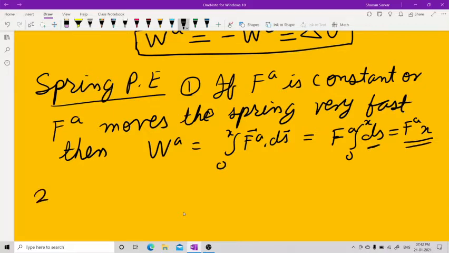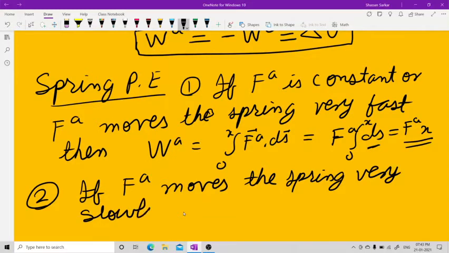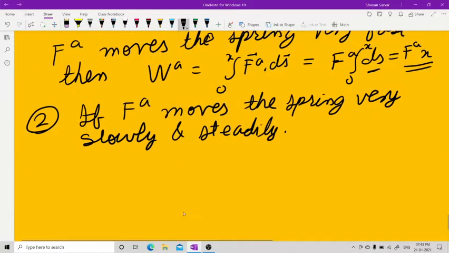Now, number two is if Fa moves the spring very slowly and steadily. So now this is the important concept.